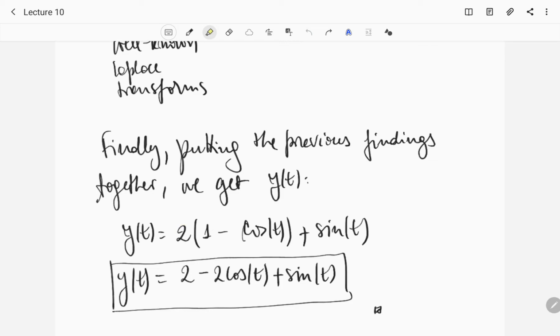Okay, so in general, the goal of this method is: I have an ordinary differential equation that I don't know how to solve, so I use the Laplace transform to get an easier expression, and then we invert this Laplace transform to get the solution.